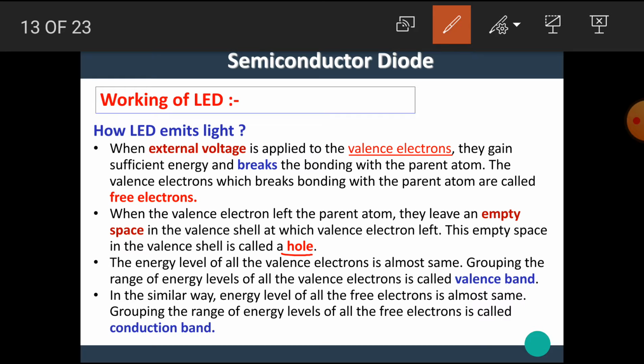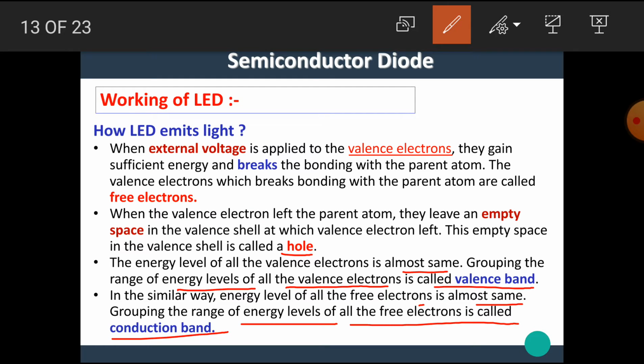Okay, the energy level of all the valence electrons is almost the same. Grouping the range of energy levels of all the valence electrons is known as the valence band. In a similar way, the energy level of all the free electrons is almost the same. Grouping the range of energy levels of all the free electrons is known as the conduction band.